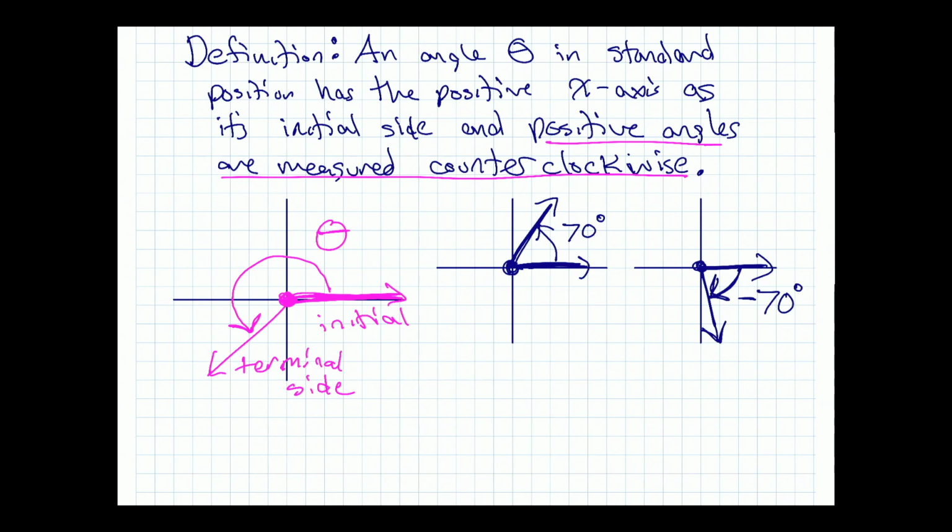Okay, so positive angles are counterclockwise and clockwise is negative. Counterclockwise, positive, clockwise, negative.